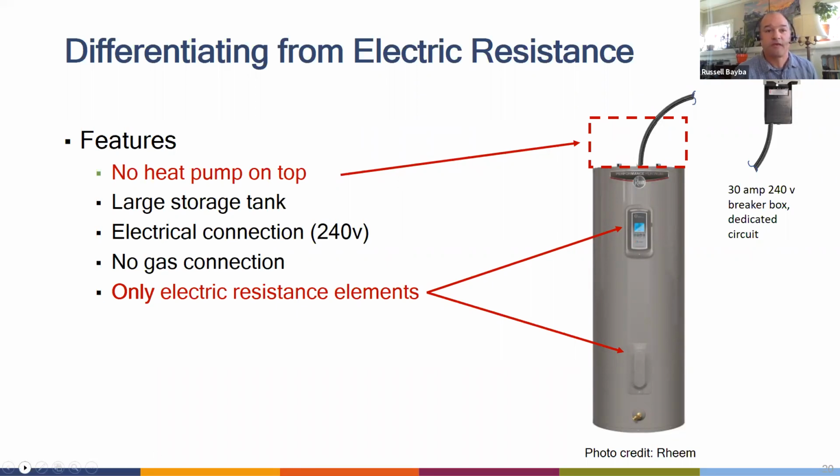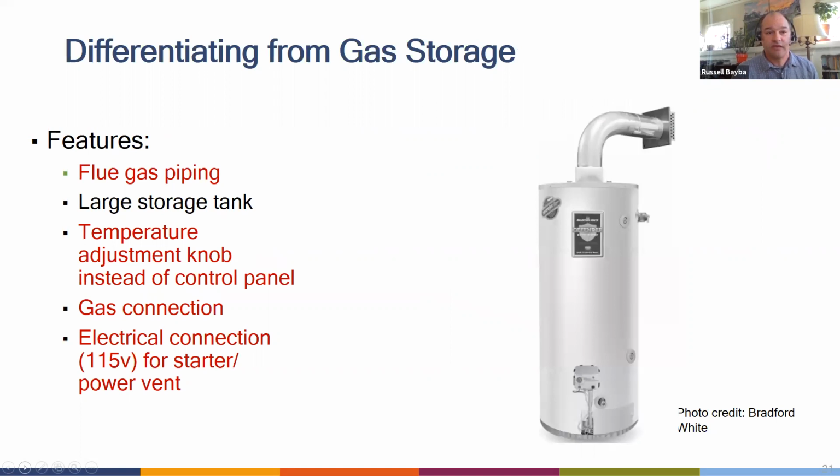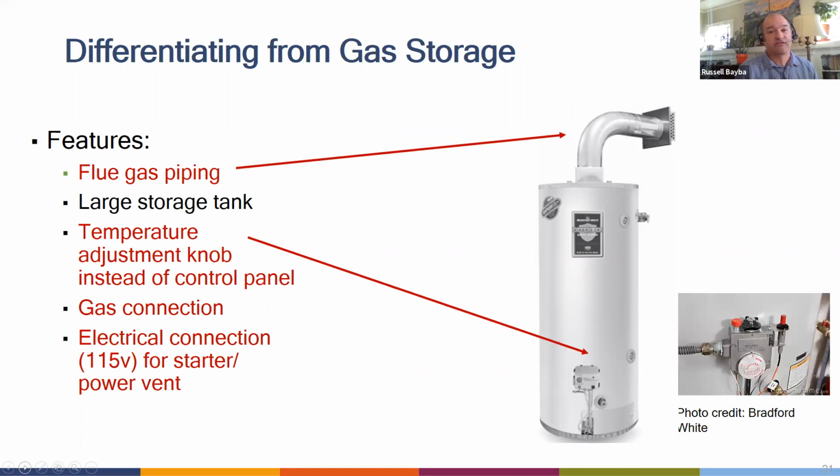Okay, let's see. So a gas storage tank is quite a bit different. It has a flue at the top. So that's an easy way to recognize that this is a sealed combustion. There's a large storage tank, typically 40 gallons. But then the controls are very simple. There's usually just a knob. You can't set the control to a specific temperature.